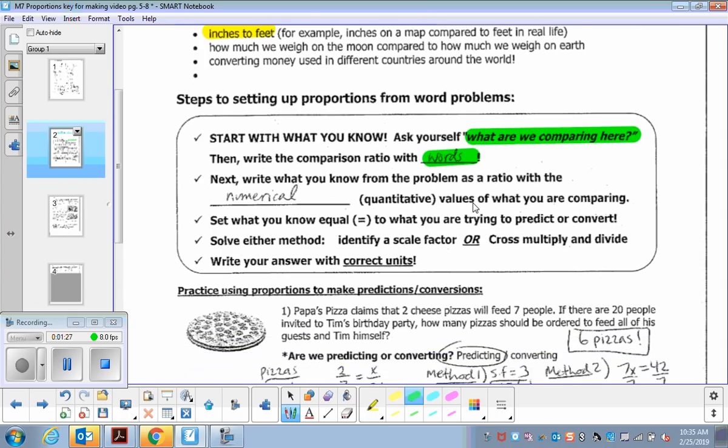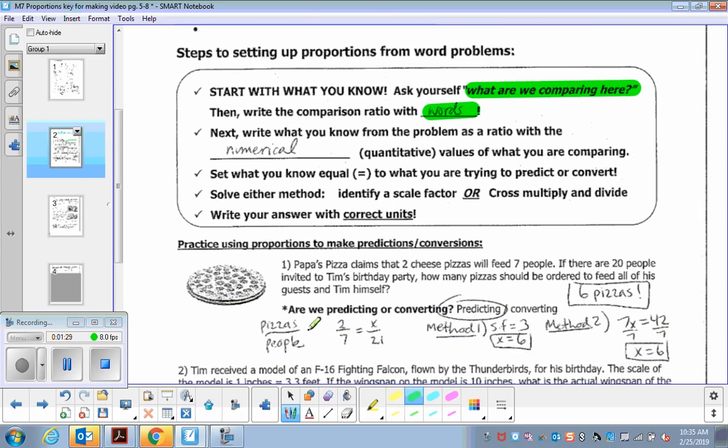All right? I'm going to go through and explain what this process looks like down here with a word problem. Let me first just finish going through the process. After you ask yourself what it is you're comparing, you're going to write it down with words first. Then you're going to write down that ratio with numbers, and that'll all be given to you in the word problem.